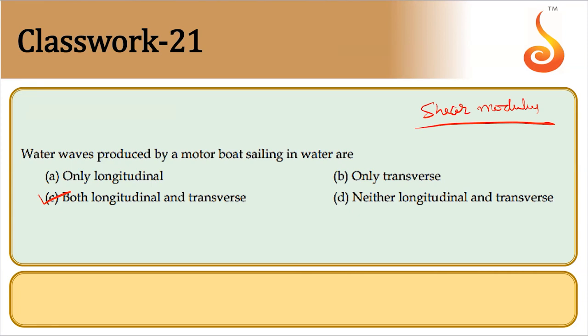The particles of water on the surface move up and down. That is due to gravitational force, not due to shear modulus. So gravity acts as the restoring force here, and there is no need of having shear modulus. In the absence of gravity, there won't be any such component.